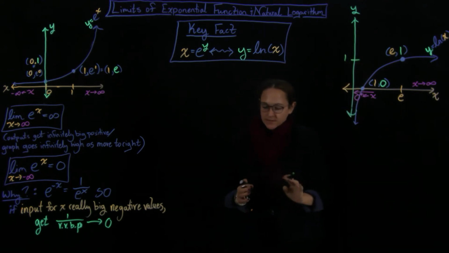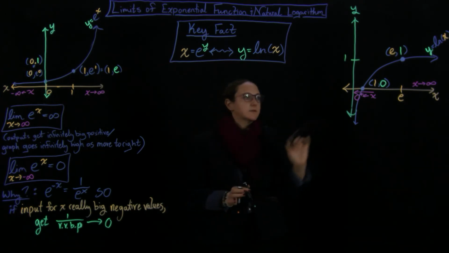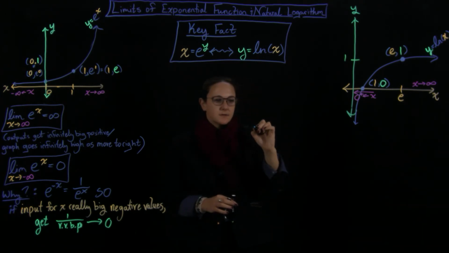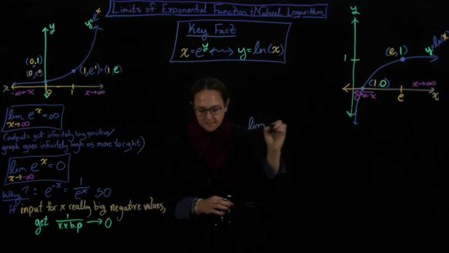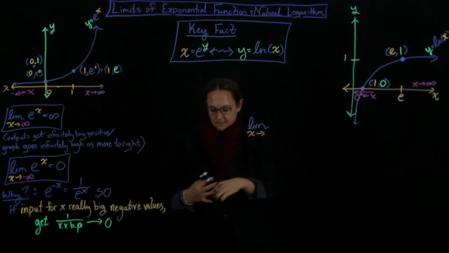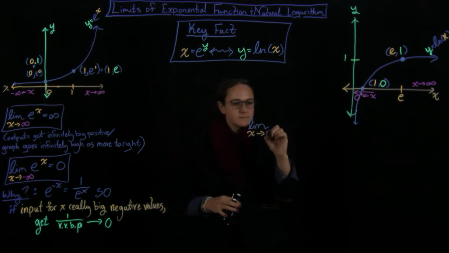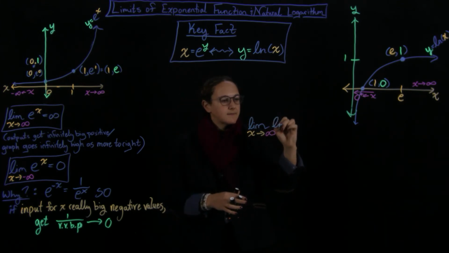Okay, so let's go ahead and try to compute some limits. The first one I want to look at is the limit as x approaches infinity of the natural log of x.